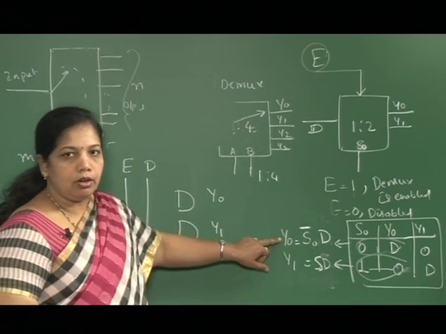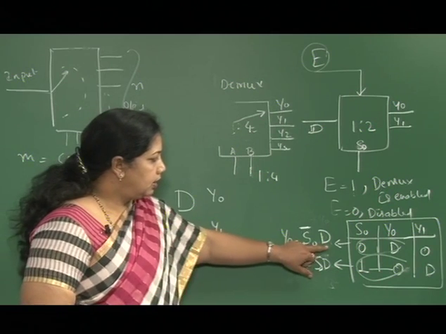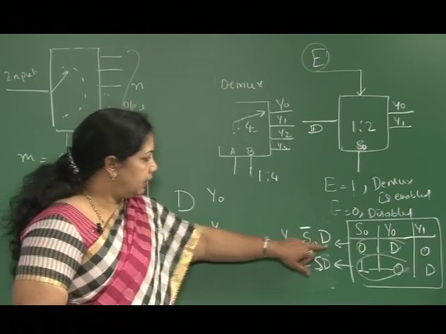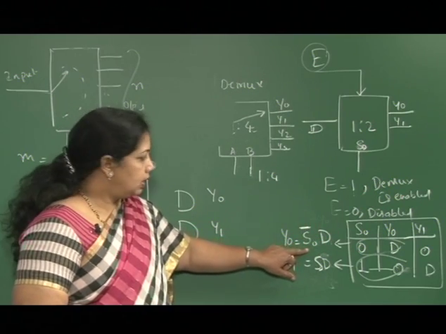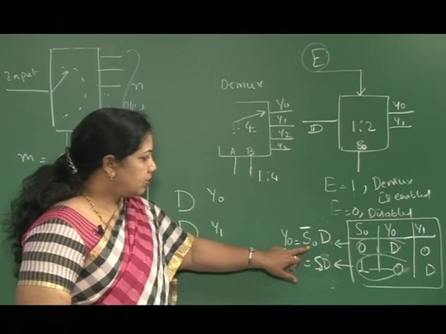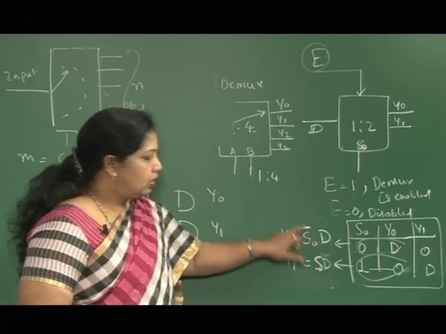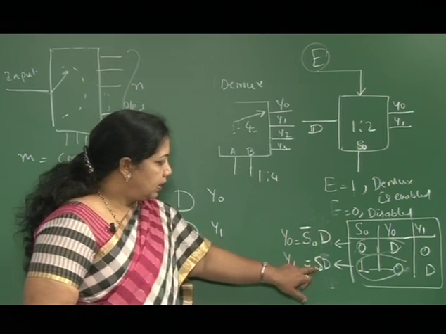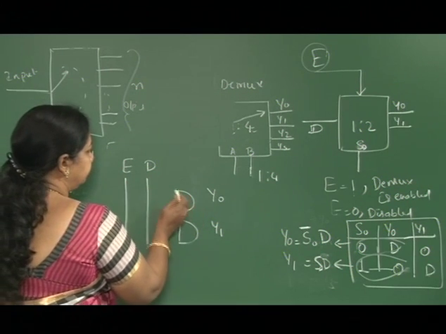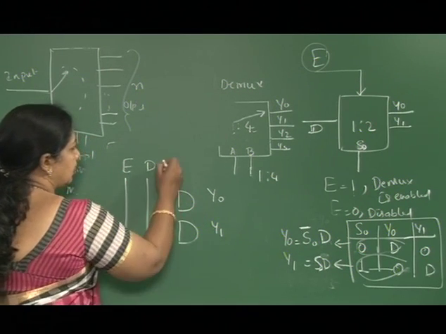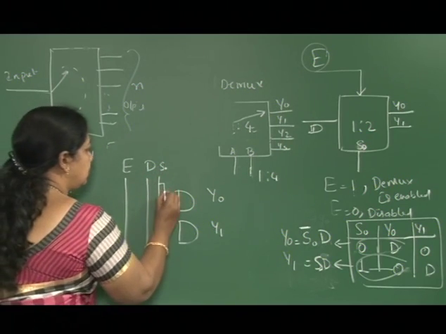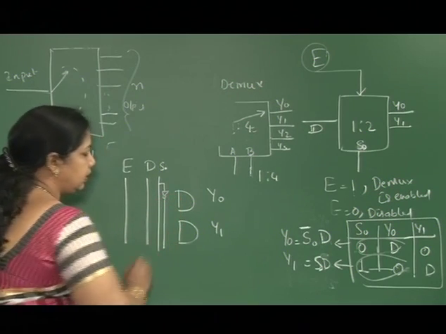So Y0 is the output, where I can write this equation using an AND gate. I can realize this equation using an AND gate. One of the inputs is common, that is D. So we have S0 complement, we have S into D. Now I am going to write here S0 as a control signal, with an S0 inverter over here.